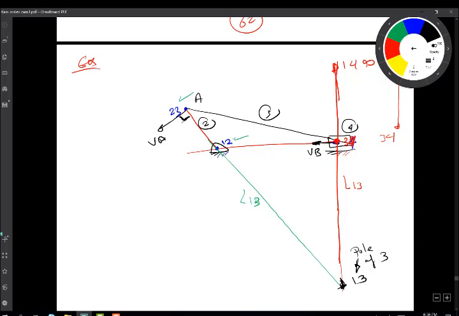This will be the velocity pole. So this is how we got it before, but this time around we are getting the same point using Kennedy's theorem, which says that every three links share three points of common velocity, and these points are collinear.